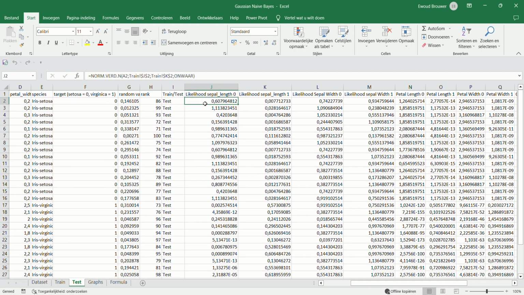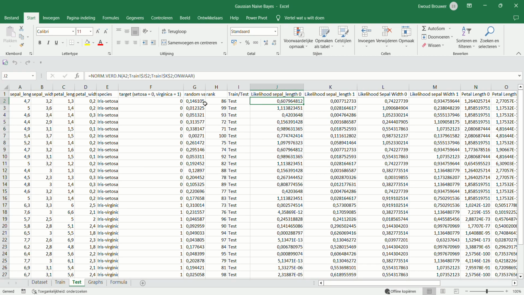I calculated the likelihood for this observation that it would be an iris setosa species, given the fact that the sepal length is 4.7. I used a formula within Excel, the normal function.